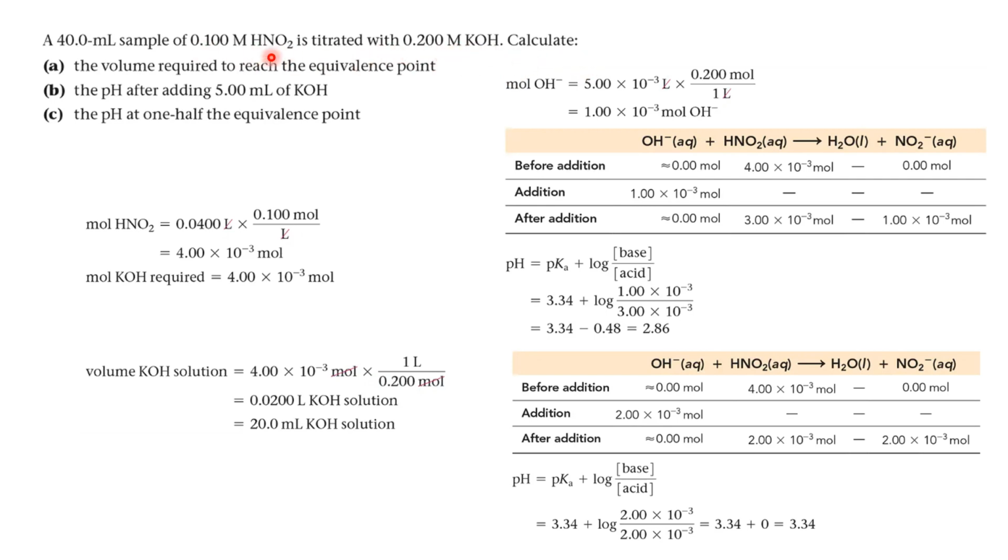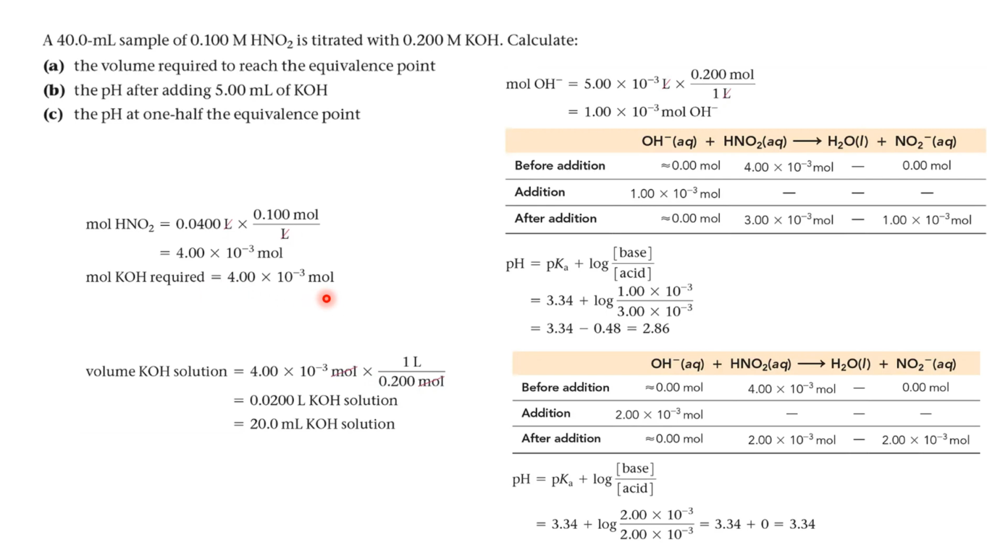We can prove that by saying HNO2 plus KOH makes what? Water and salt, KNO2. You balance that equation, you realize everything's a 1-to-1 ratio, so you need as much base as you have acid to neutralize them both, right? And remember, the equivalence point is the amount of base that you need to neutralize all of your acid. And it's a 1-to-1 ratio, and there it is.